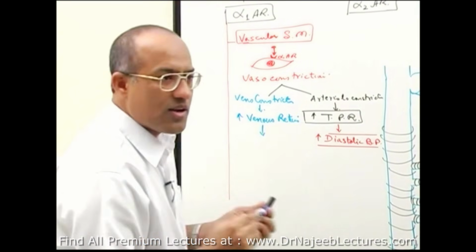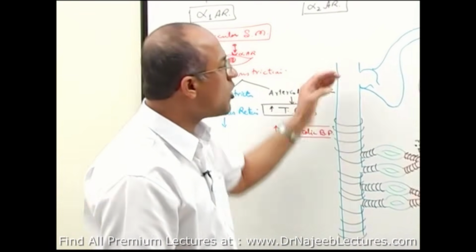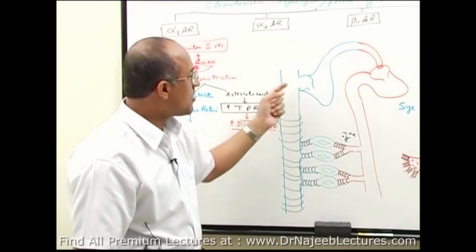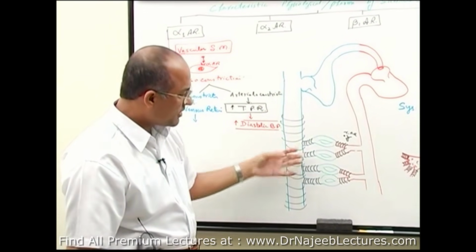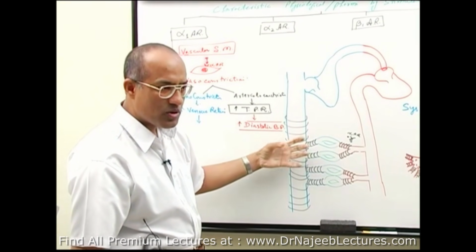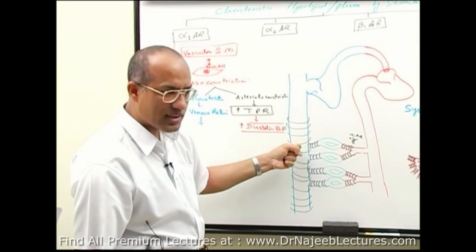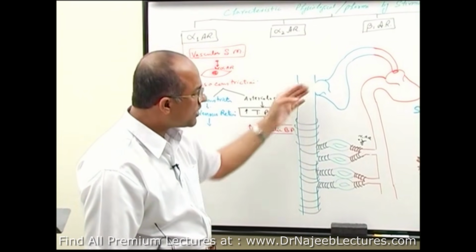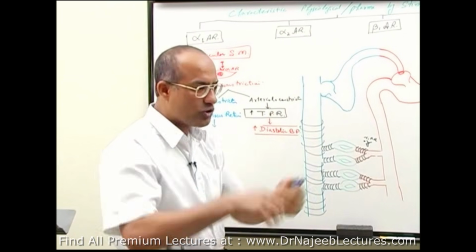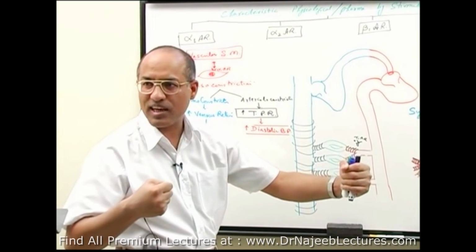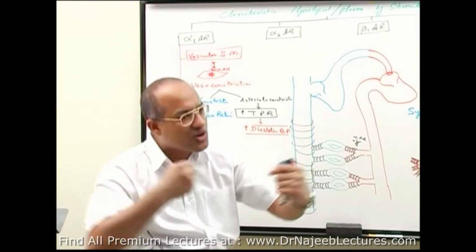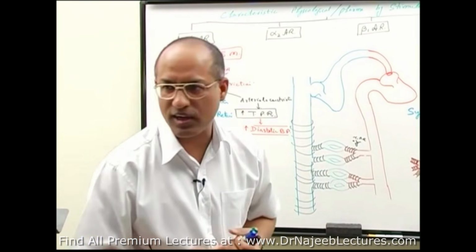And when the right heart receives more blood, Frank-Starling's law applies. When an alpha 1 drug stimulates the venous smooth muscle, venoconstriction occurs and squeezes the blood from the veins to the heart. When the right heart is overfilled, it is overstretched. Frank-Starling law is: the more you stretch the myocardium, the more strongly it contracts, within physiological limit.